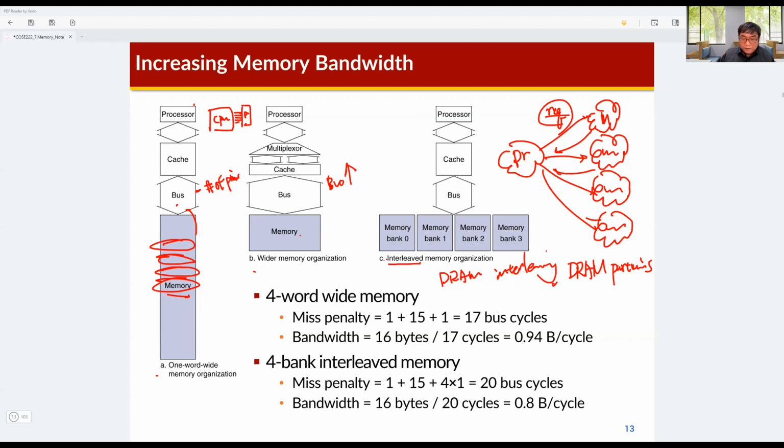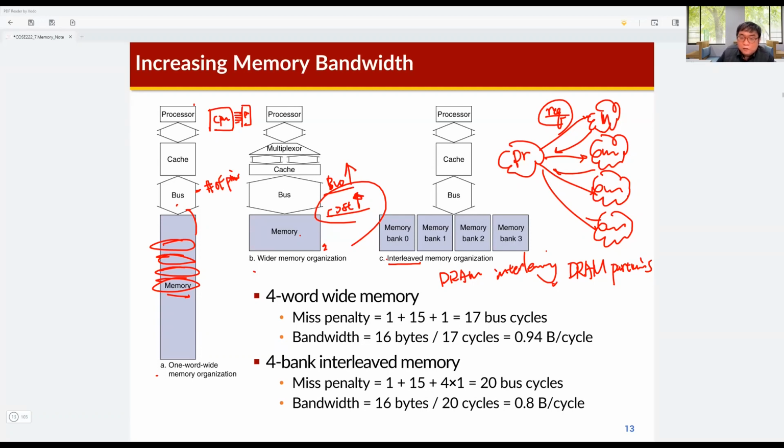But what's the problem? The cost is very high, because I said that pins are a very precious resource in the computer system. So we cannot increase the number of pins. It's very hard, very expensive.